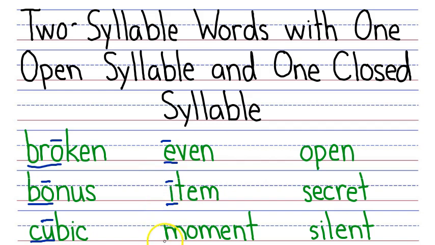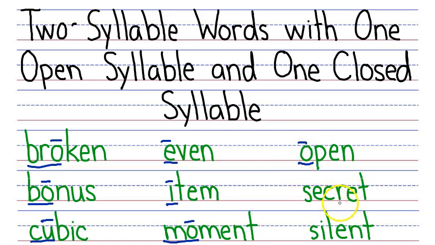In moment, the open syllable is mo because it ends in a single vowel letter, O, that makes a long vowel sound, the long O sound. And open. Our open syllable is the O, because this is a single vowel letter that makes a long vowel sound, the long O sound.